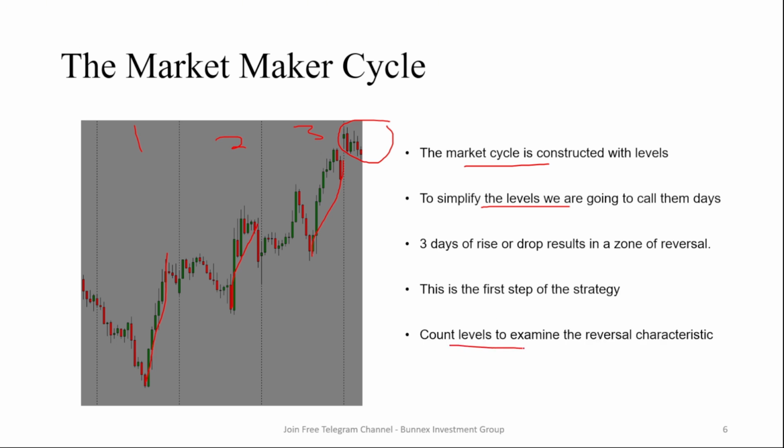And we count levels to examine the reversal characteristics, right? We want to see if this particular zone satisfies what we want to see for us to get ready to enter the market. So here are the reversal characteristics before we proceed to the entry point, which is step 2.